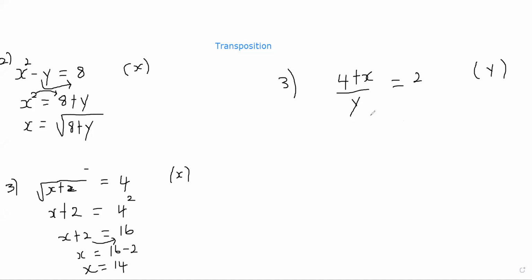Even though y is the denominator, we need to take it over the equal sign, because regardless, we always take the denominator in order to get these at the top. We can't just grab them and carry them over. So we carry over the denominator, and we're left with 4 plus x. And y is dividing, so therefore y goes down and multiplies. Good. So what we end up with now is 4 plus x equal to y.